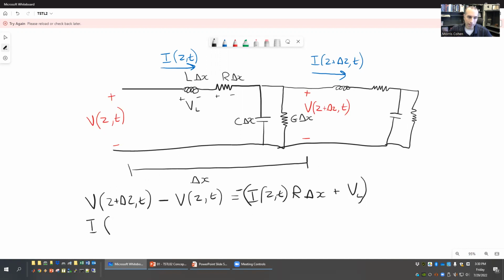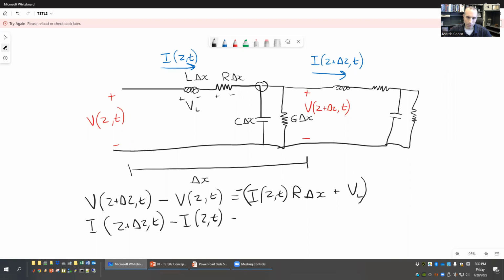All right, so we have an I at Z plus delta Z, time t, minus I at Z,t. For that, we're going to basically put our attention right here at this corner, and we're going to apply Kirchhoff's current law, which tells us that we can't have net current flowing around. We're not going to make anything disappear.